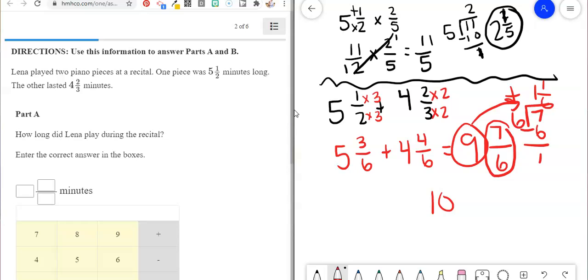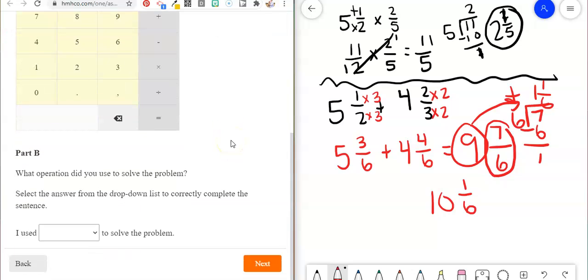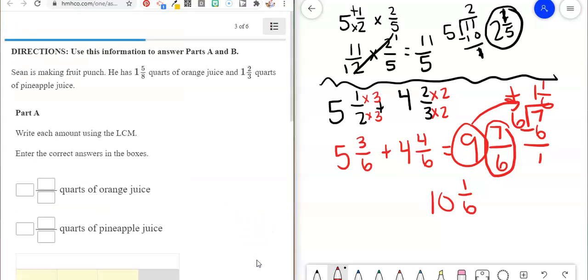So I'm getting 10 1/6 as our answer. And it's already labeled for you up there. B, what operation did you use? You used addition. Let's go to next.